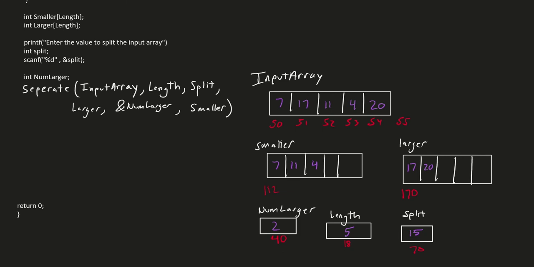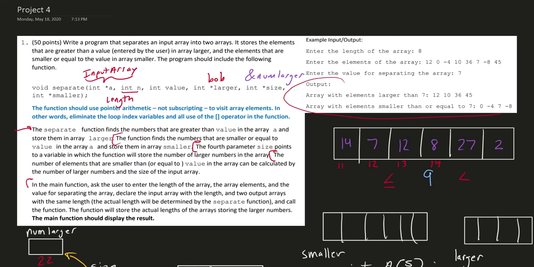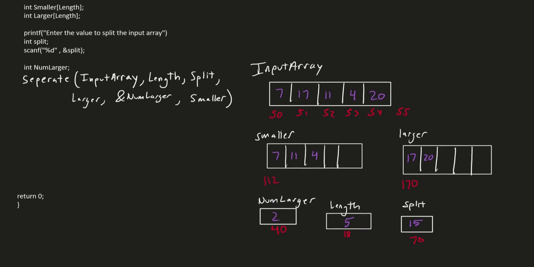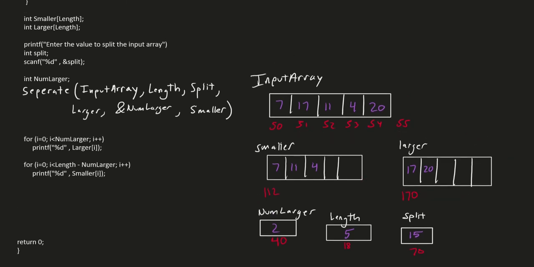So all we have to do is print out those smaller and larger arrays, because apparently that's what I think they wanted us to do here, print out the output arrays. So now it's going to be pretty smooth sailing. So it's pretty easy to print out the larger one, because remember, this NumLarger variable has been filled with how many elements there are to print.